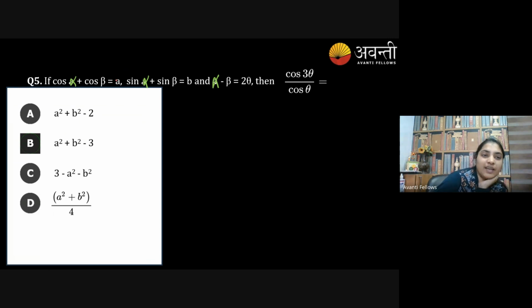See, from the options only you can have a hint. What's the hint? In all the options you are having a square and b square, right? If I square and add, a square plus b square will equal cos square alpha plus cos square beta plus 2 cos alpha cos beta, agree?